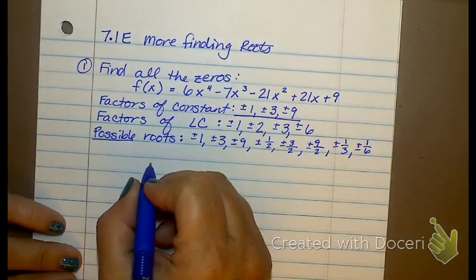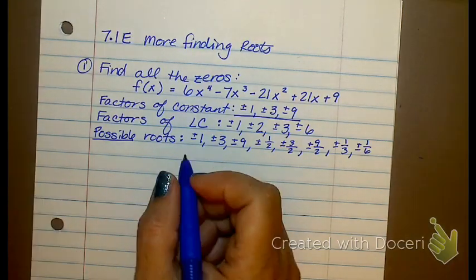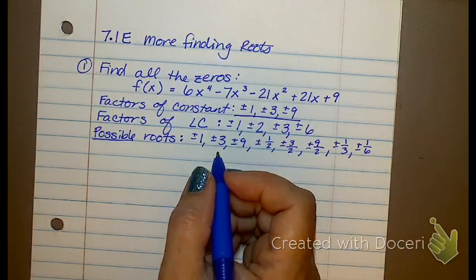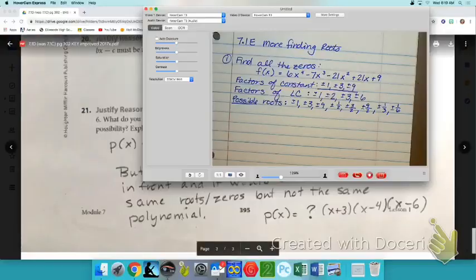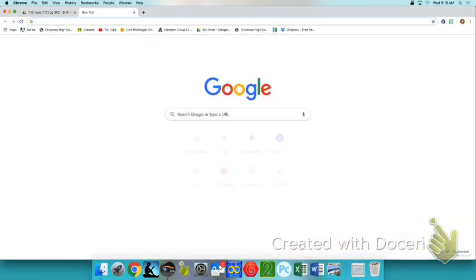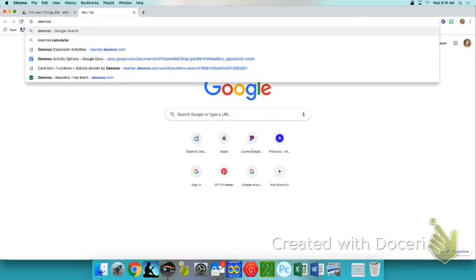So, let's see. Should I look at a graph? Do you think that would be helpful? Now, I'm going to look at a graph the way you would look at it on a test. So, if I looked at this, hang on just a minute, Desmos.